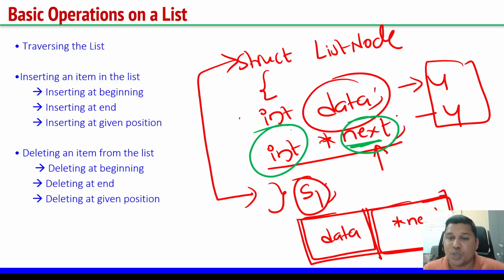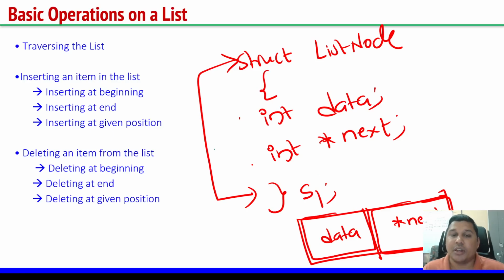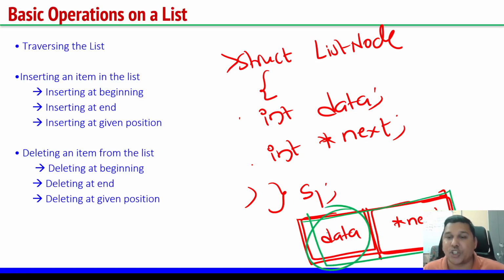It means using this structure definition, if I create a variable s1, it will reserve 8 bytes like this, where in the first block I can store any integer value because it is int, and in the second I can store the address of any other integer variable. It can be this int or any other int.